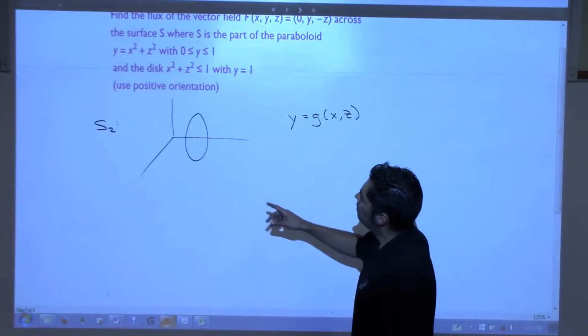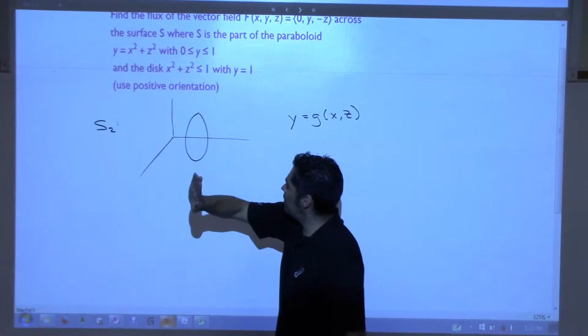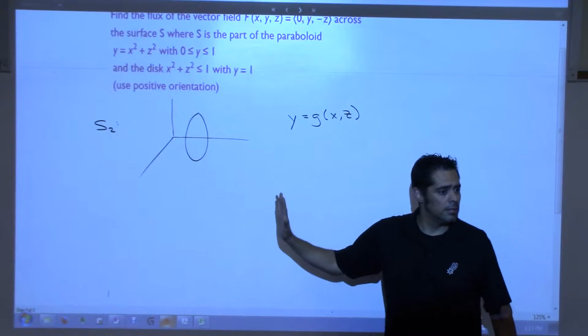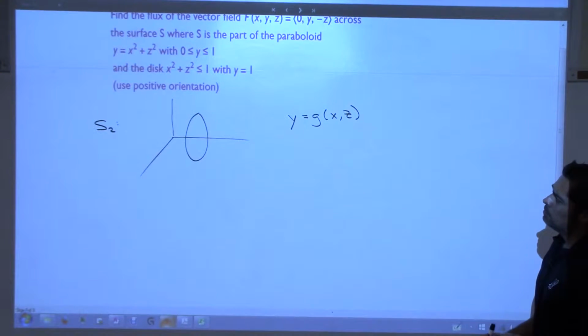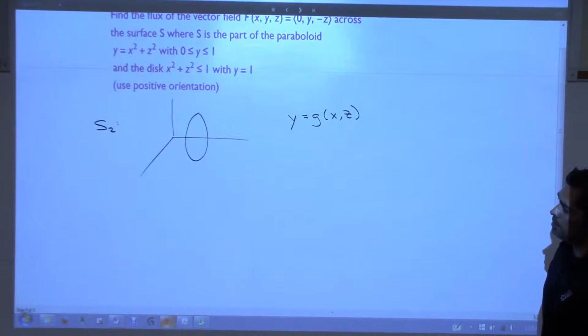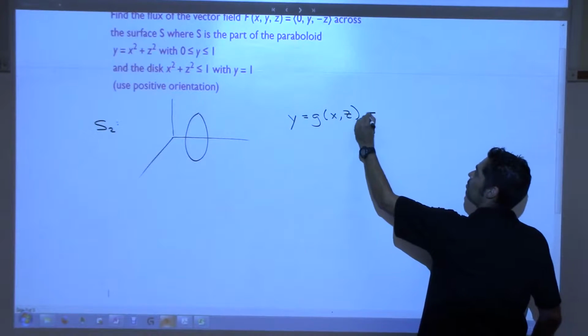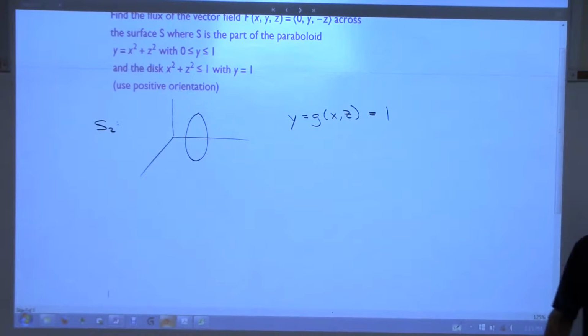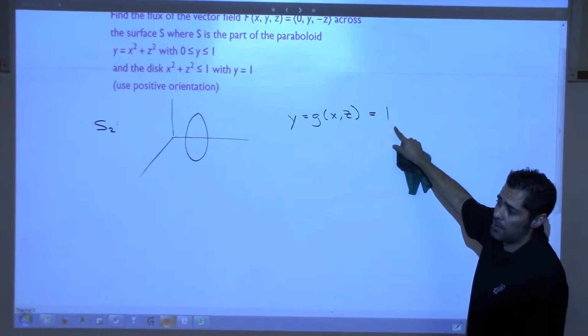Which part? The disk is an inequality, I agree with that, but do you agree that this disk lies on a plane? What plane does that lie on? It's parallel to the xz plane. It's actually y equals 1, right? Isn't that what it is? And that, you could say, is a function of two variables, x and z. They just don't appear there.